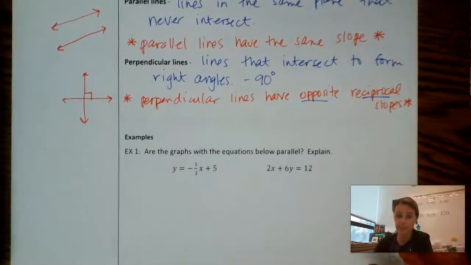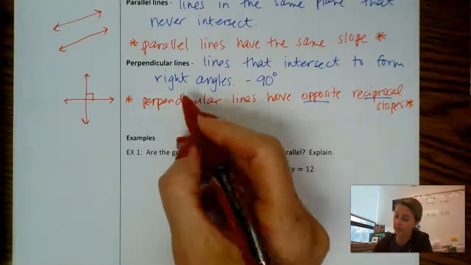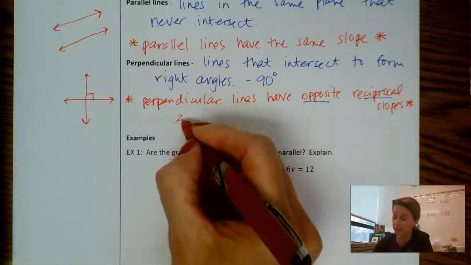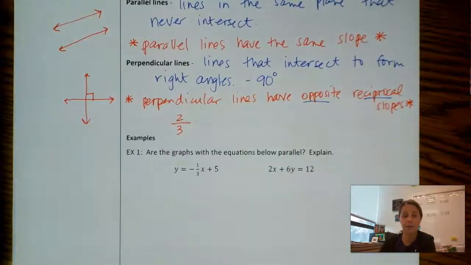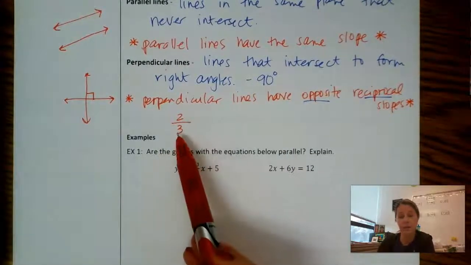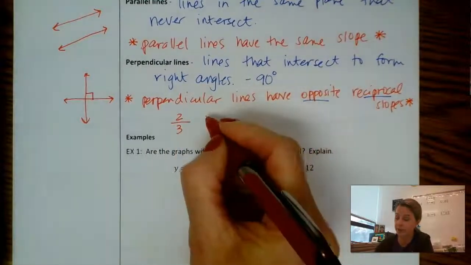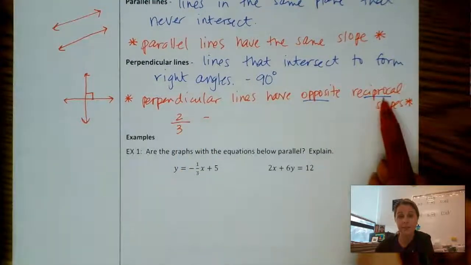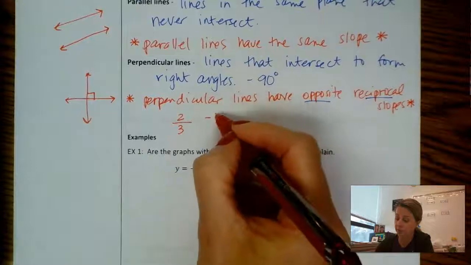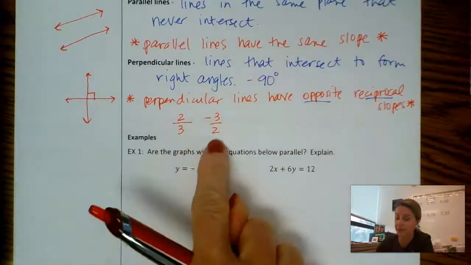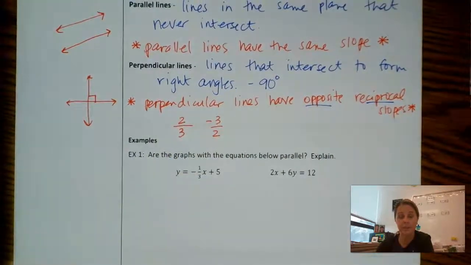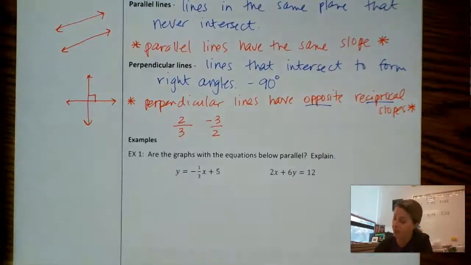So here's some examples. Let's just do the 2/3. If I want the perpendicular slope, I need the opposite sign, so I need my new number to be negative, and I need to do the reciprocal, so it needs to be 3 over 2. These two slopes would be perpendicular.